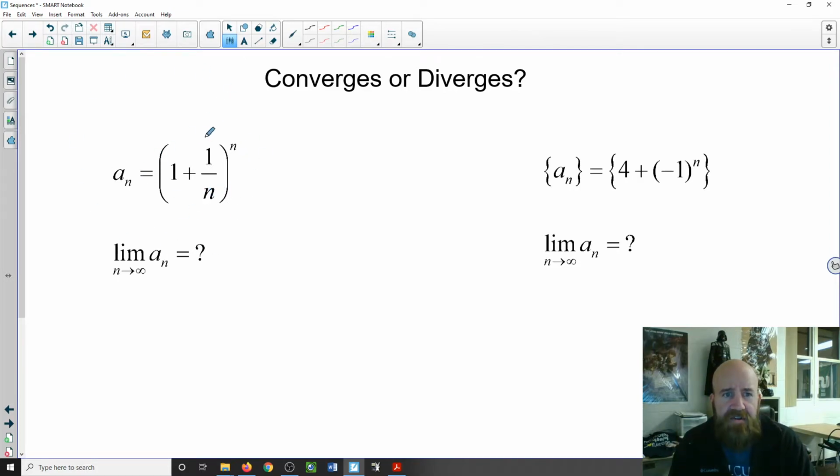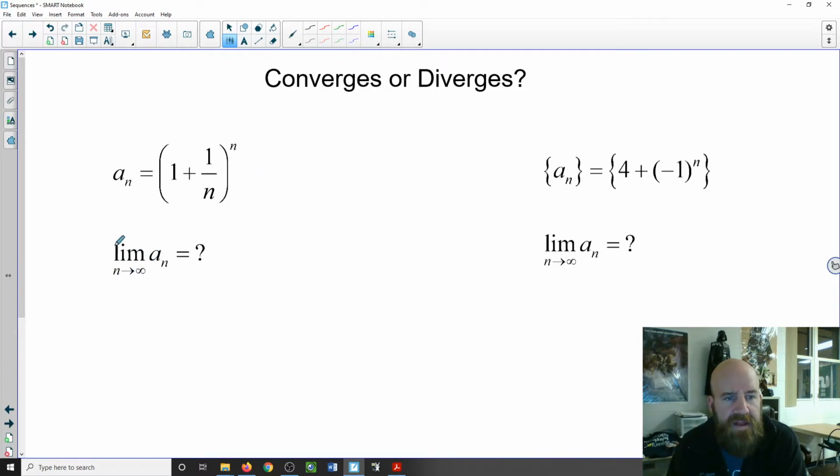Given a sequence, if I continue on putting numbers in this pattern, is it going to converge to a value, or does it diverge? We continue with this idea of taking a limit, just like we did with the integrals. We're going to take the limit as n approaches infinity. I want to know when this number gets really, really big, what's happening to our values.